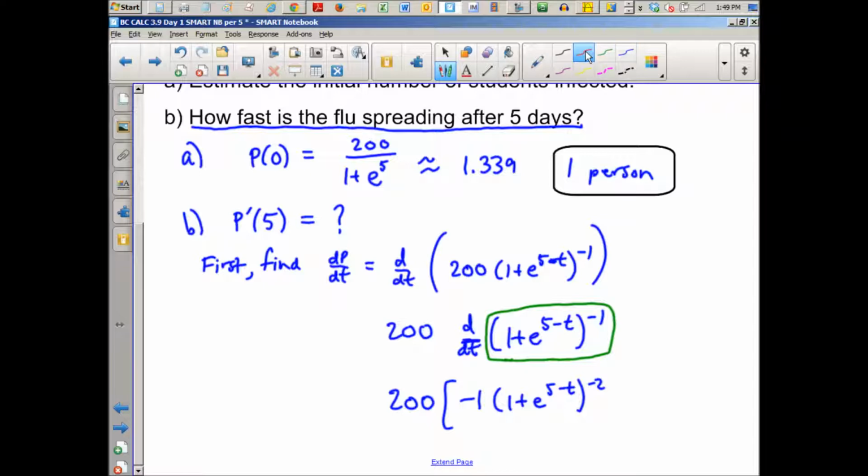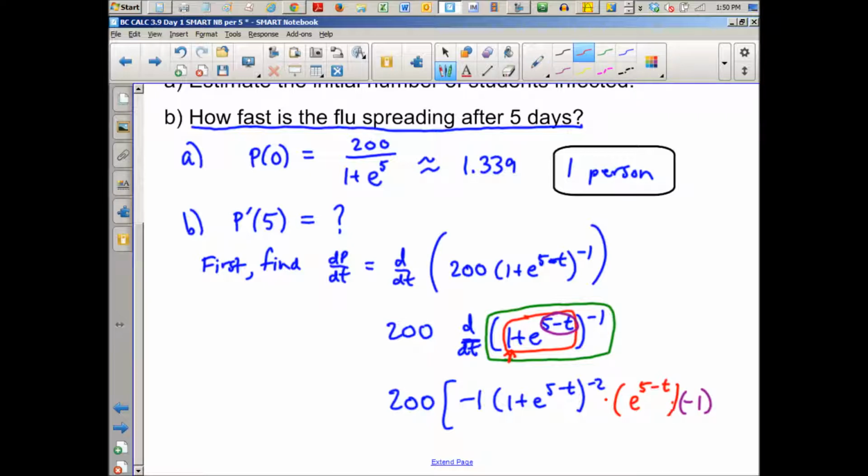And then we look at the fact that we have an inside, which is 1 plus e to the 5 minus t. So the derivative of that will be 0 for the derivative of the 1, and then the derivative of e to the 5 minus t is e to the 5 minus t times the derivative of the 5 minus t, which is just negative 1.